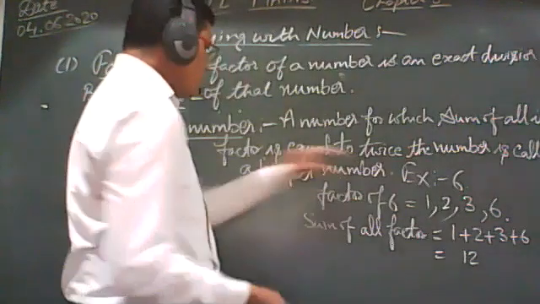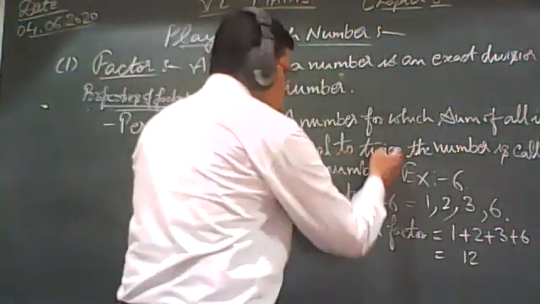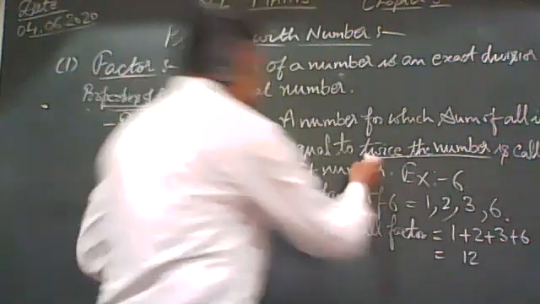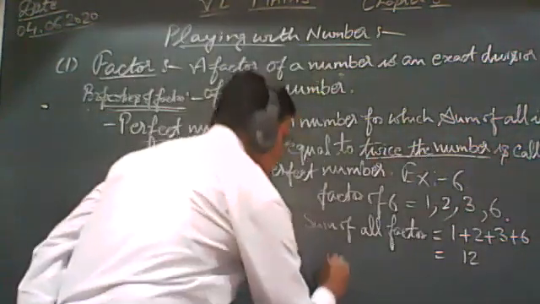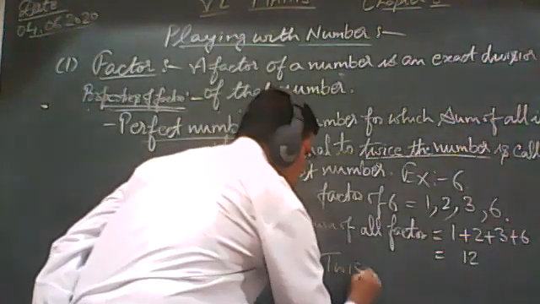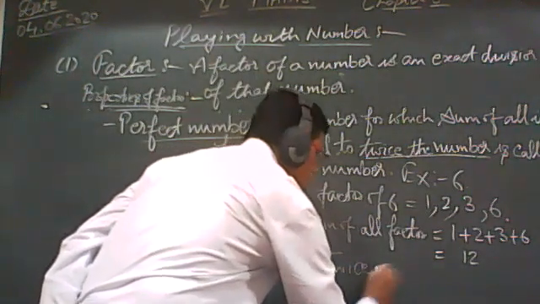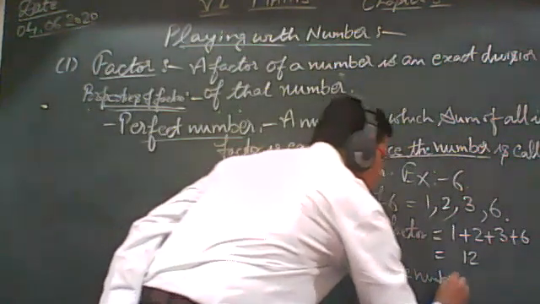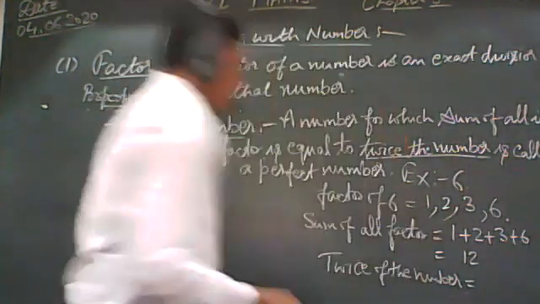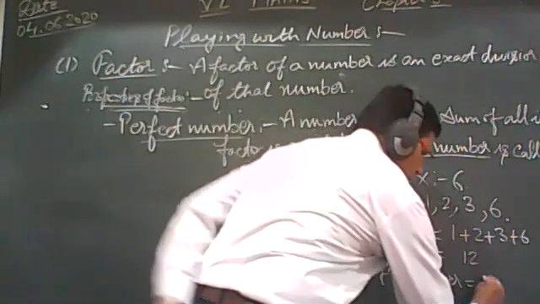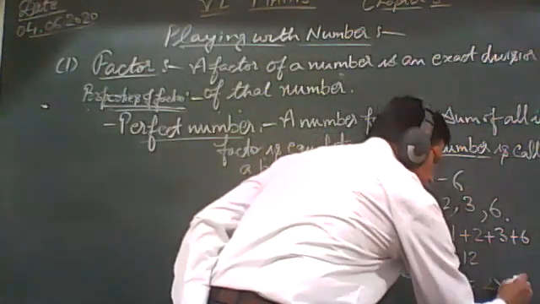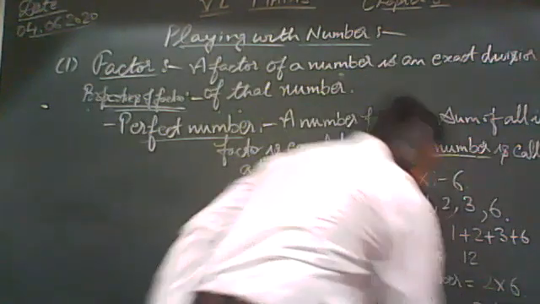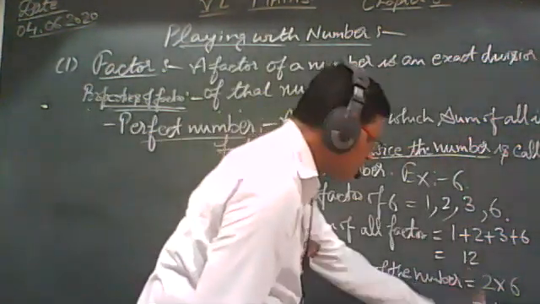Now twice the number: our number is 6, and twice means multiply 6 by 2, it comes 12. Both the numbers are equal.